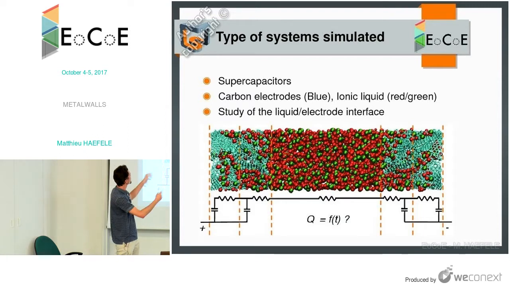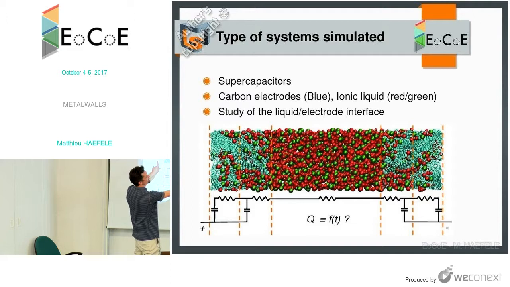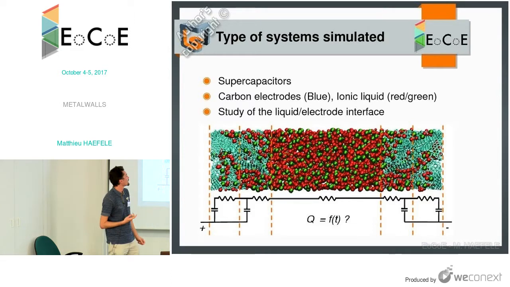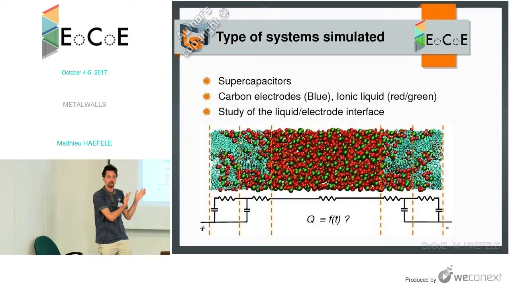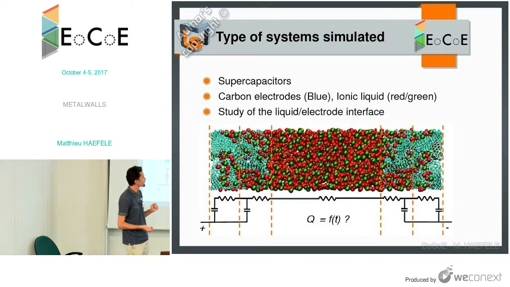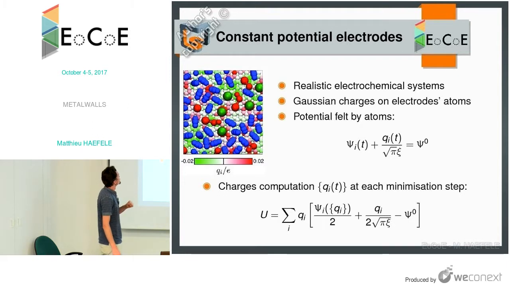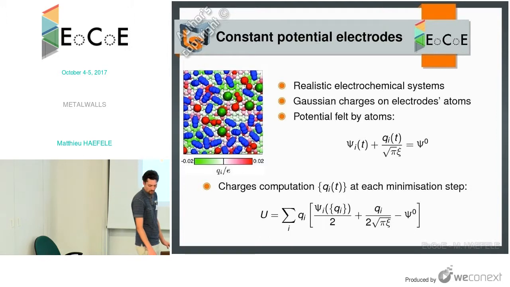You put a difference of potential on the different electrodes, and then you study how the matter behaves at the interface, because that's the kind of thing that is very hard to measure experimentally. That's why they explore it numerically, and they are quite advanced in this kind of field. This constant potential approach is able to simulate realistic electrochemical systems.